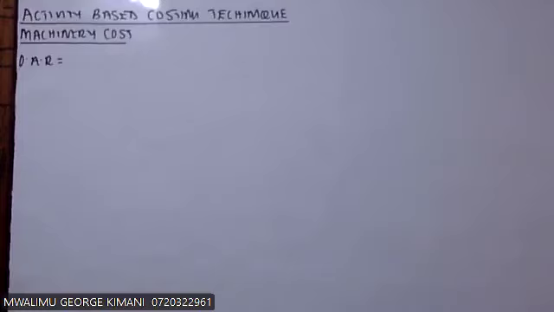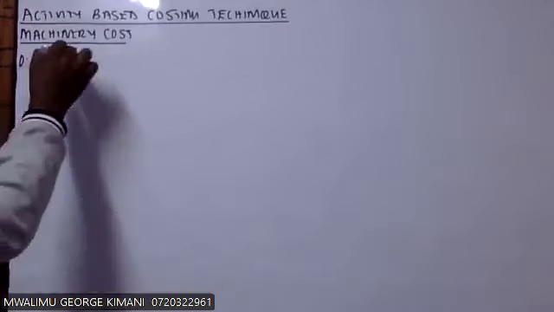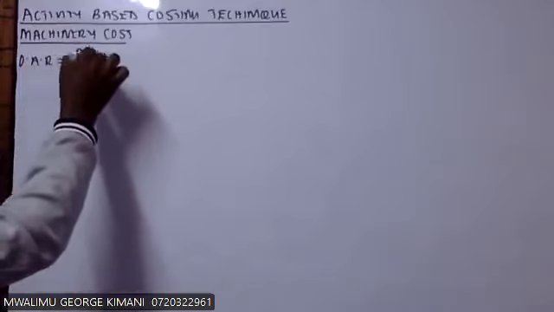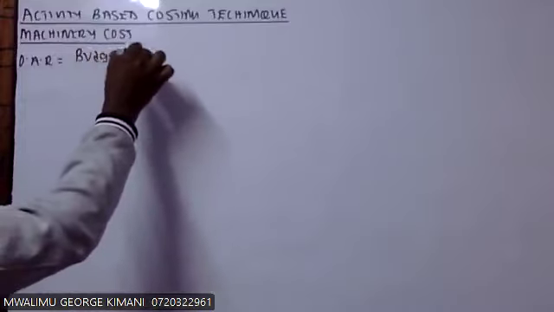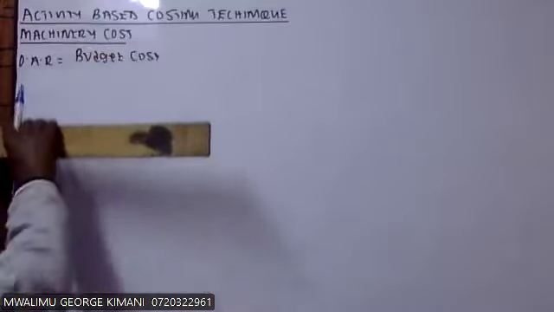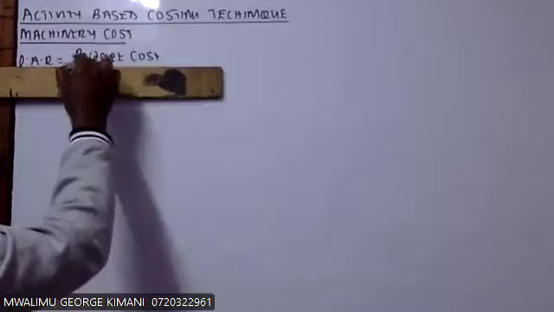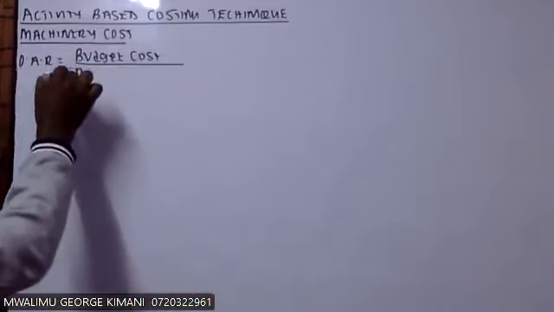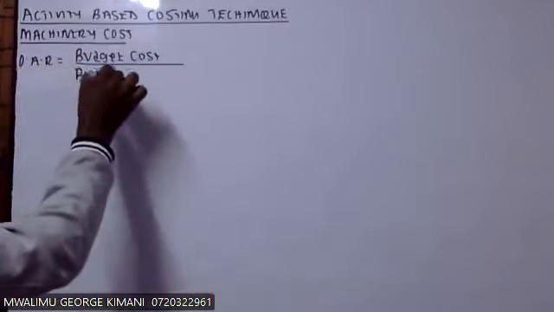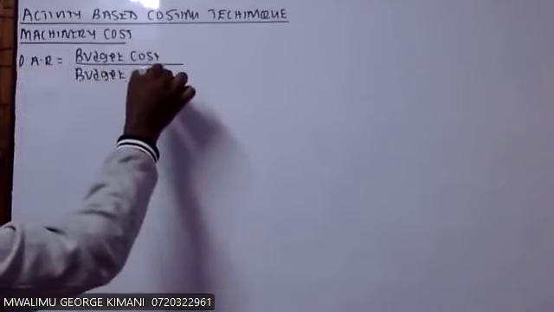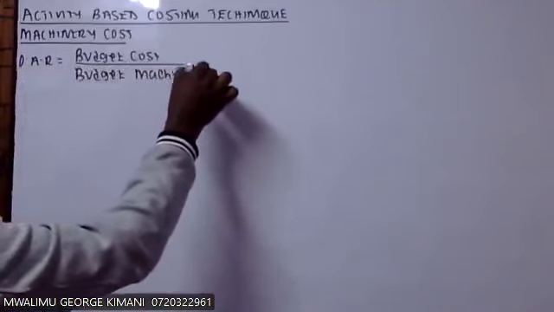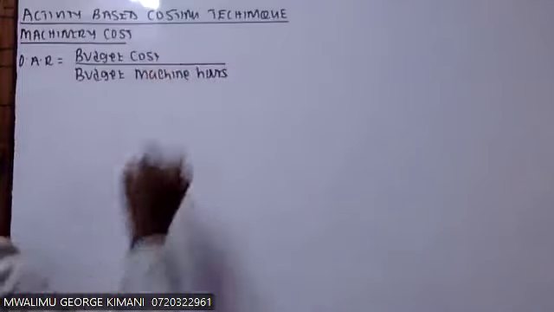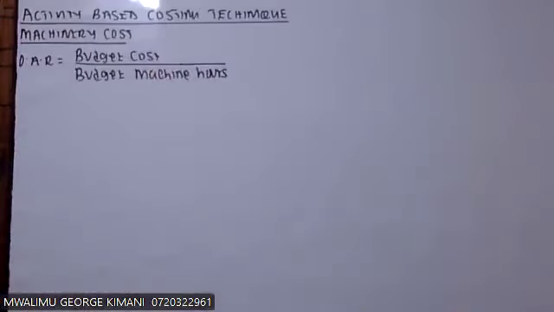Now, the OER will be given as budget costs, you divide this by budget machine hours.